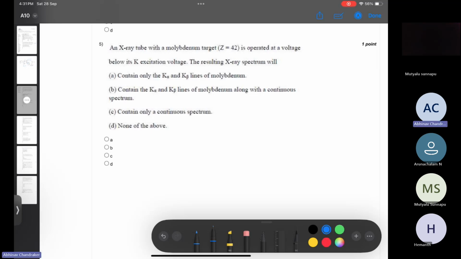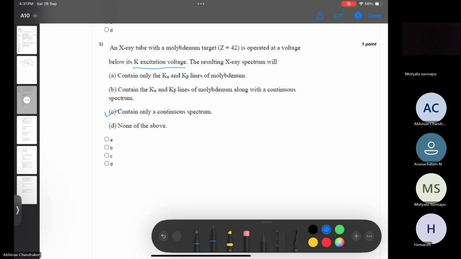The answer to this will be C, because the voltage at which the X-ray tube is operating is less than the K excitation voltage.